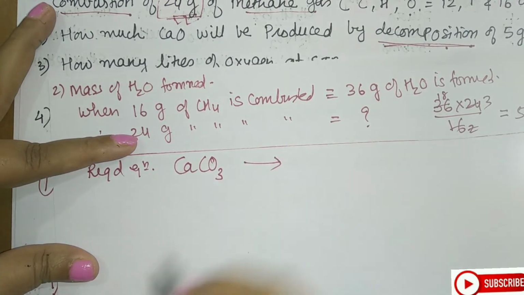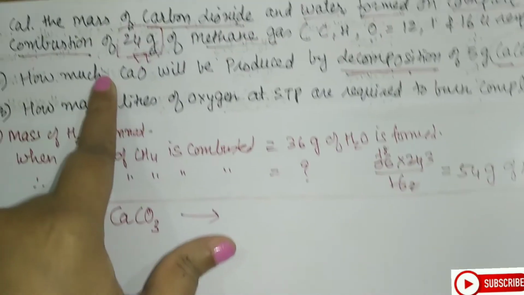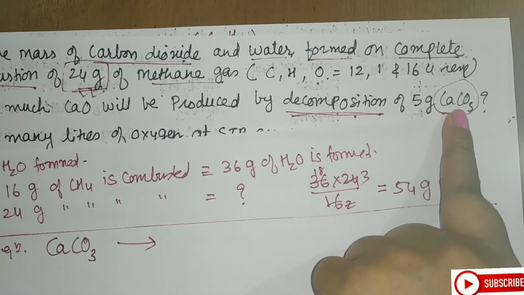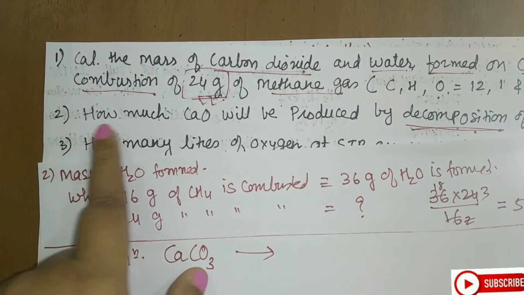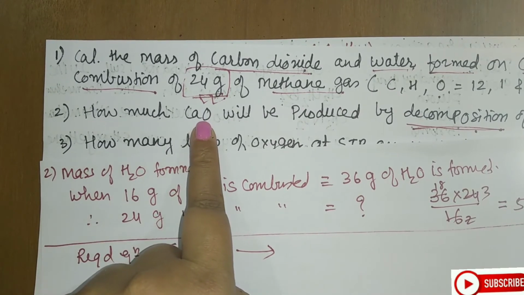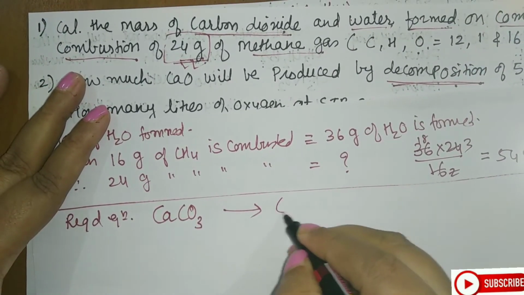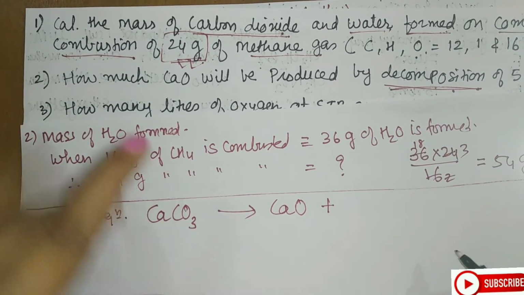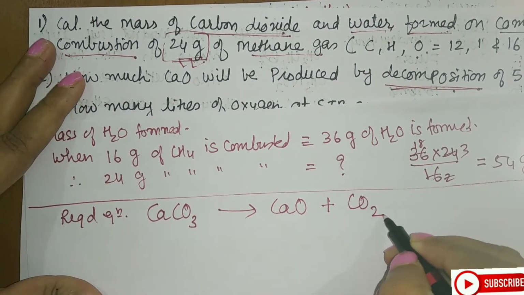CaCO3 will decompose to give you, now student, it's very easy to write the equation. Calcium carbonate is getting decomposed and they are asking how much CaO will be formed. So your first product will be CaO. Now what is remaining is CO2. So the other product is CO2.